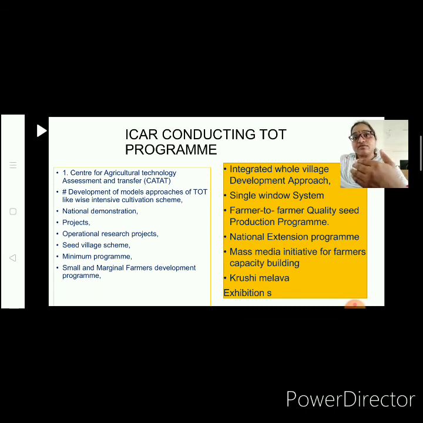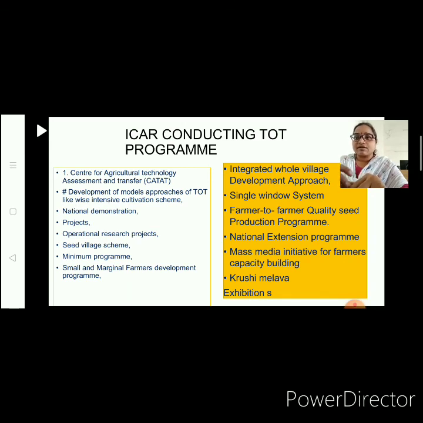So, at the level of extension, what programs do they handle? There is the Centre of Agriculture Technology Assessment at ICAR New Delhi, and CAT means Centre of Agriculture Technology Assessment and Transfer. This institution mainly follows these activities.